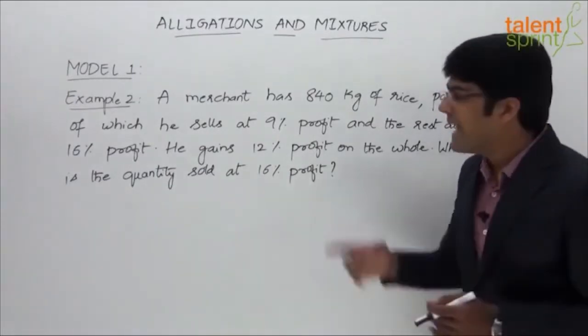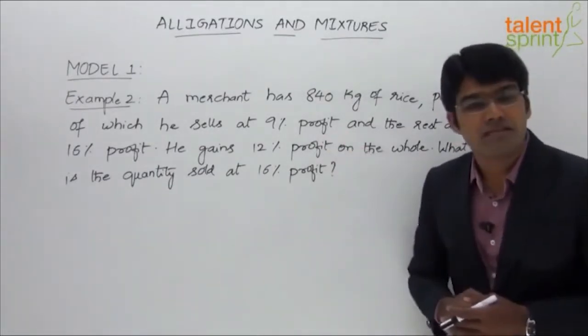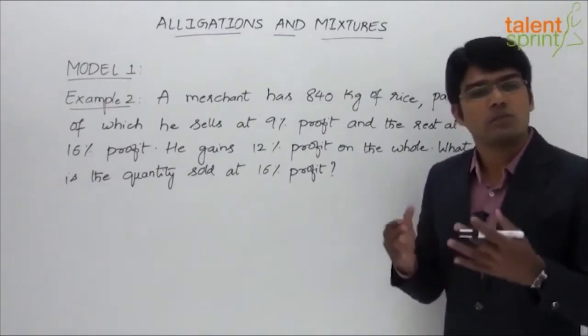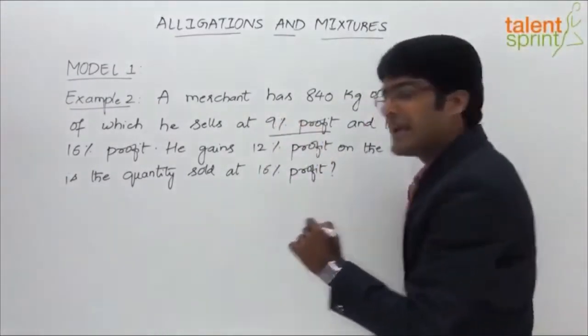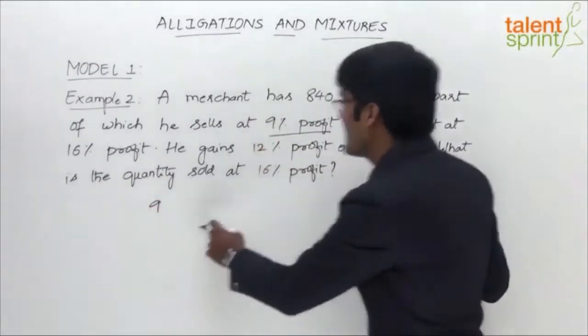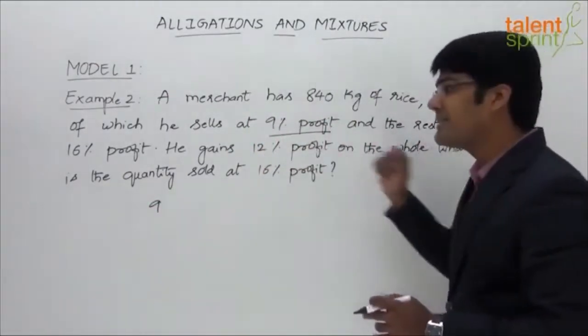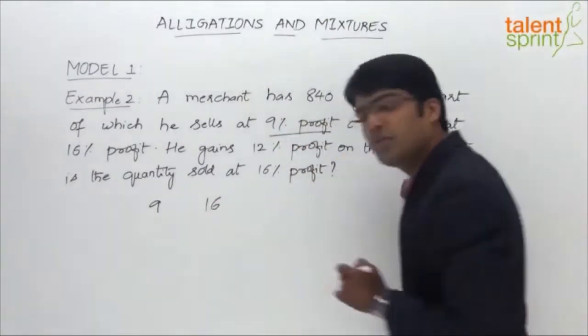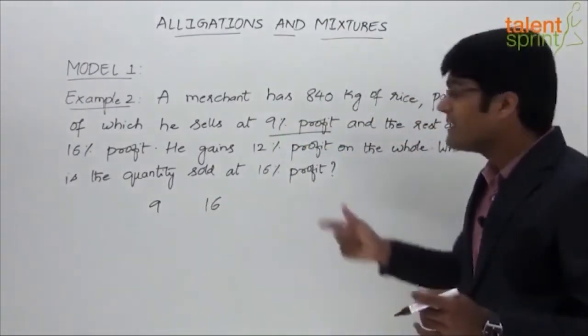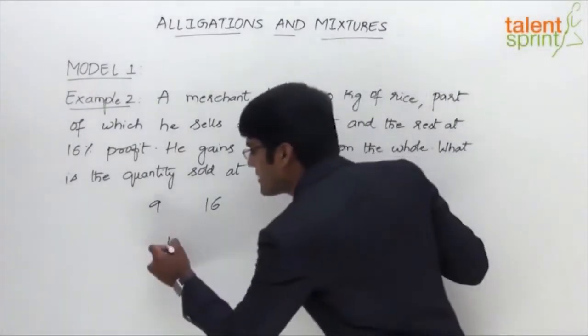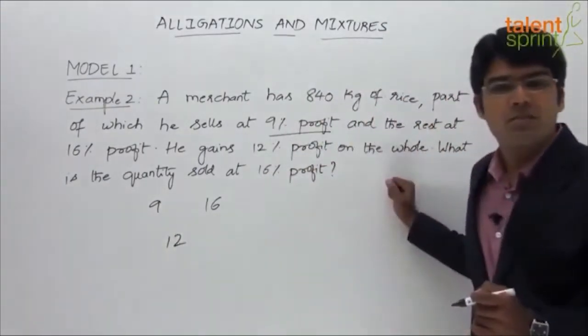So we can simply apply the alligation rule on the given profit percentages and find out the ratio of the two parts. Now, as we know, the first part is sold at 9% profit. So 9. The second part is sold at 16% profit. So 16 is the value here, and the mixture or the whole of the rice is sold at 12% profit. So the value for the mixture can be taken as 12.